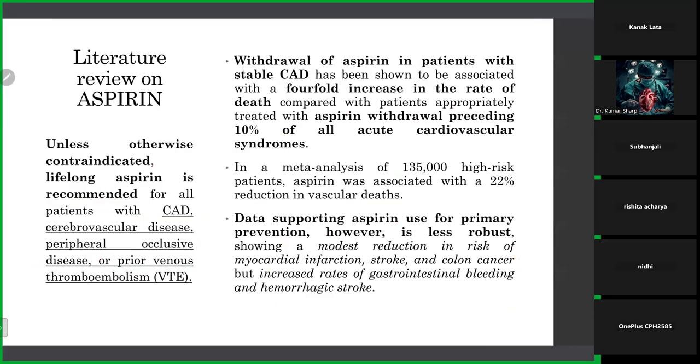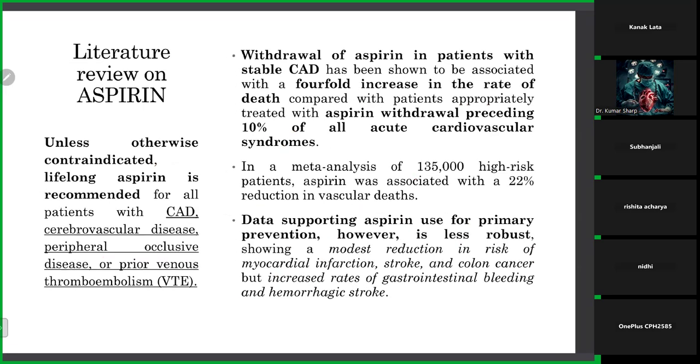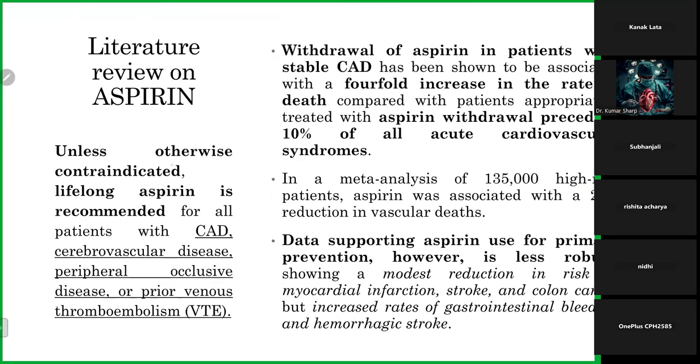So let's have a literature review on aspirin first, the first drug. A very generalized statement: unless otherwise contraindicated, lifelong aspirin is recommended for all patients with coronary artery disease, cerebrovascular disease, peripheral occlusive disease, or prior venous thromboembolism.